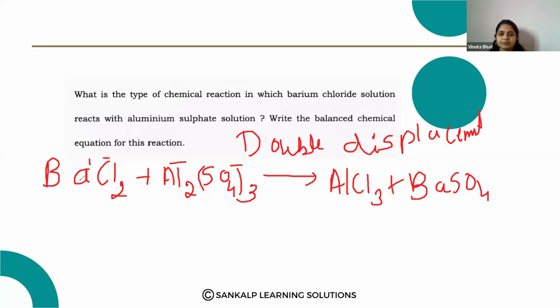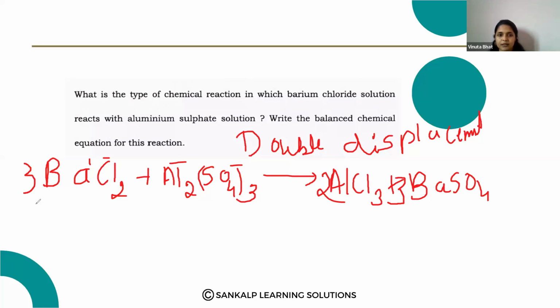Here you have to balance this. Barium, that is same, chlorine 2 and here 3. So sulfate 3 and here only BaSO4 is there, and oxygen 12, here only 4. So we have to balance the oxygen here. 3 4s are 12 oxygen, 3 BaSO4, and sulfur is balanced, and here I will add 3, then 3 BaCl2, chlorine is 6 now, and here 2.